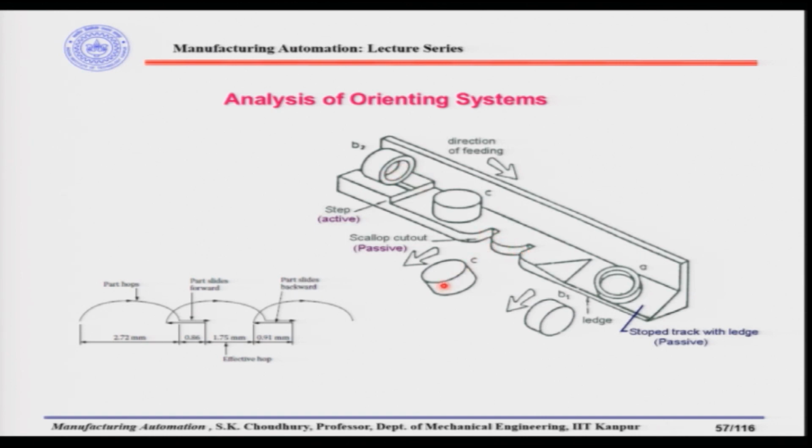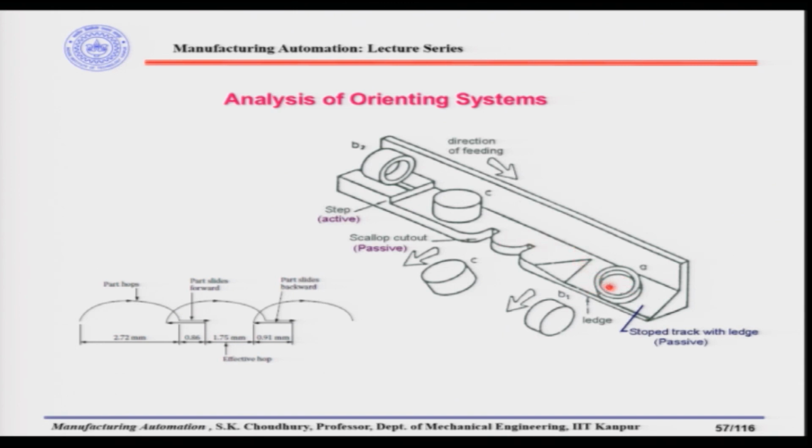But the parts coming with the heavier side down will be able to negotiate, because the bottom is closed, there is no hole, it is a blind hole as I said. Those parts will go through, and that is the desired orientation here.